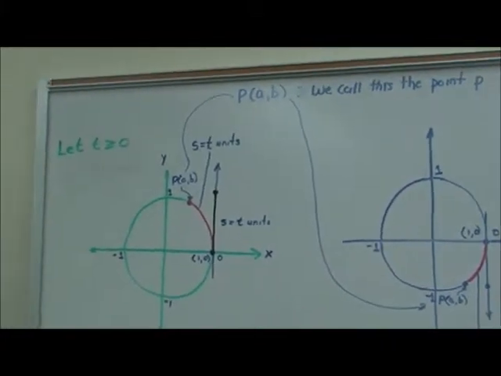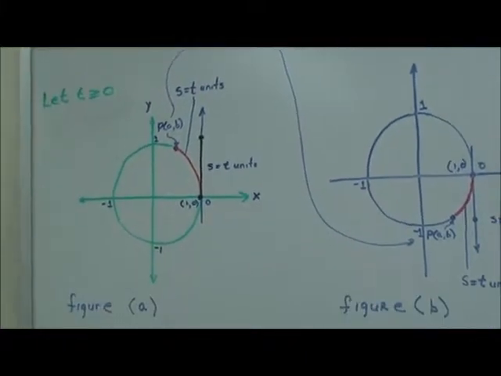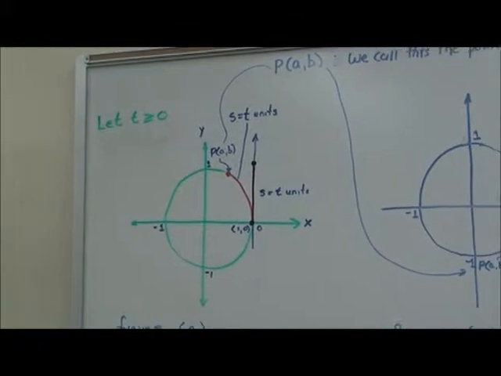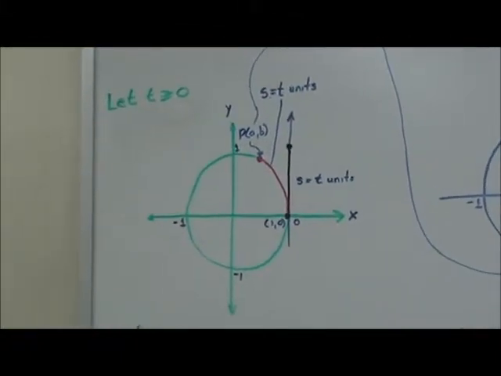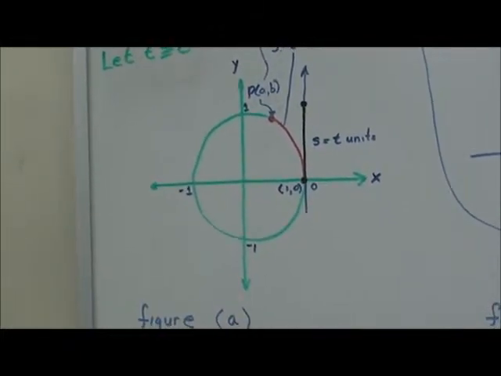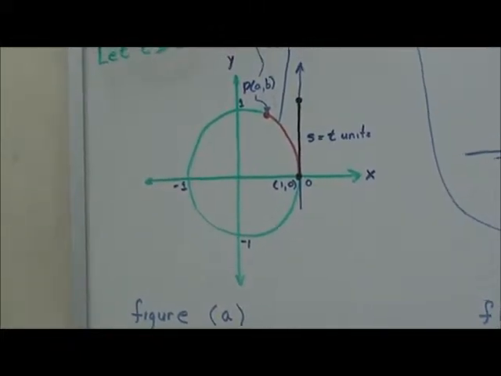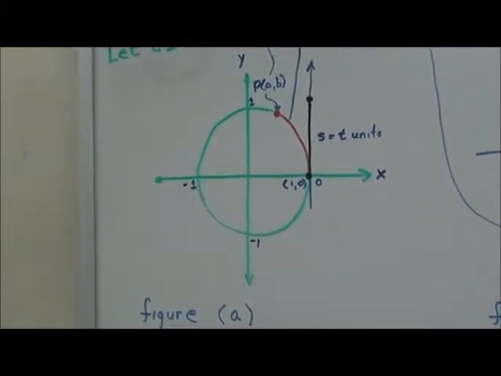I drew a vertical real number line with the origin of the number line at the ordered pair (1, 0) in the Cartesian plane. Now let T be greater than or equal to 0, be any real number, and let S be the distance from the origin to T on the real number line.